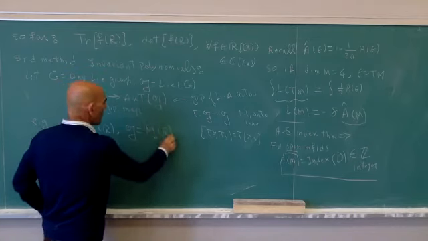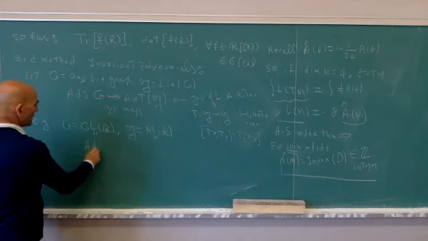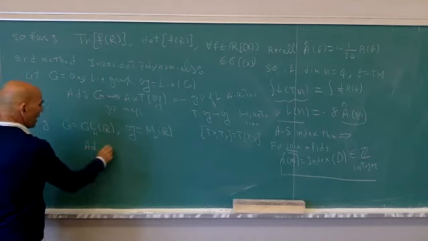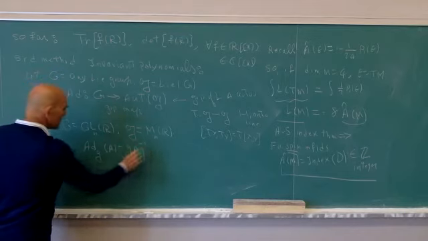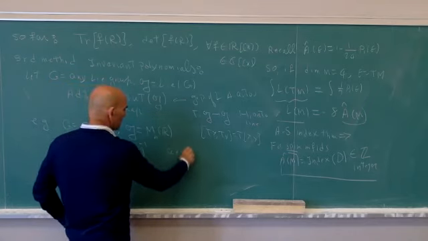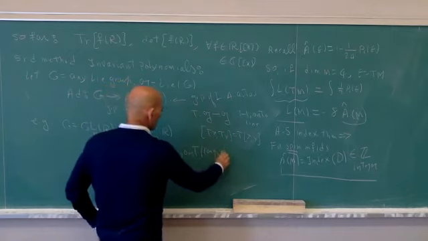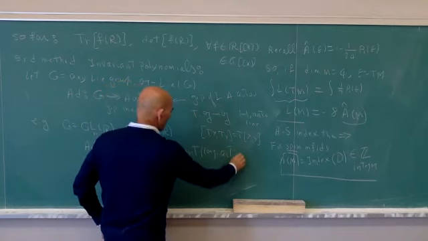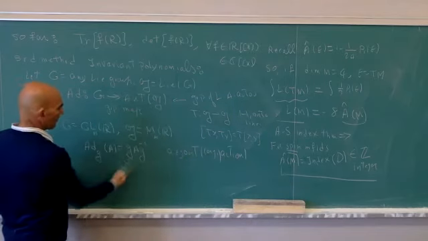And what is Ad? Ad of g on A is just conjugation. This is the adjoint action, or conjugation action. This is a well-known thing from linear algebra.